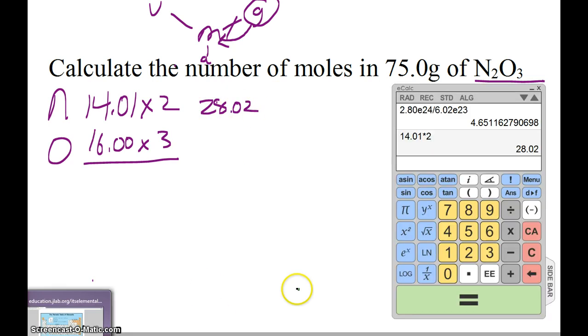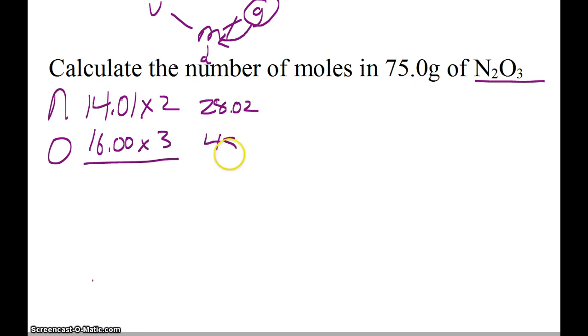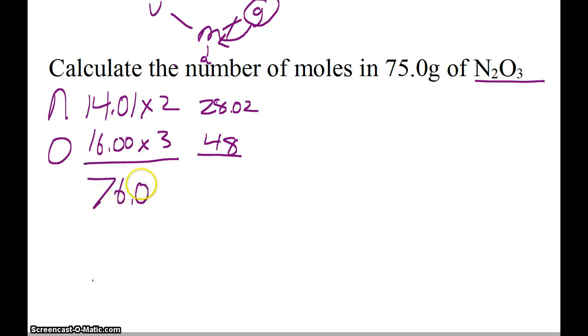And then 16 times 3 is 48. We add those 2 together: 28.02 plus 48 equals 76.02. Okay, so now that we know the molar mass of N2O3, we can then solve.